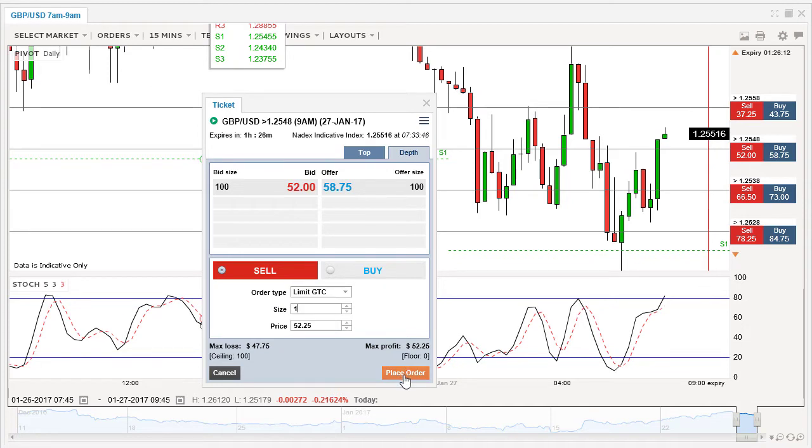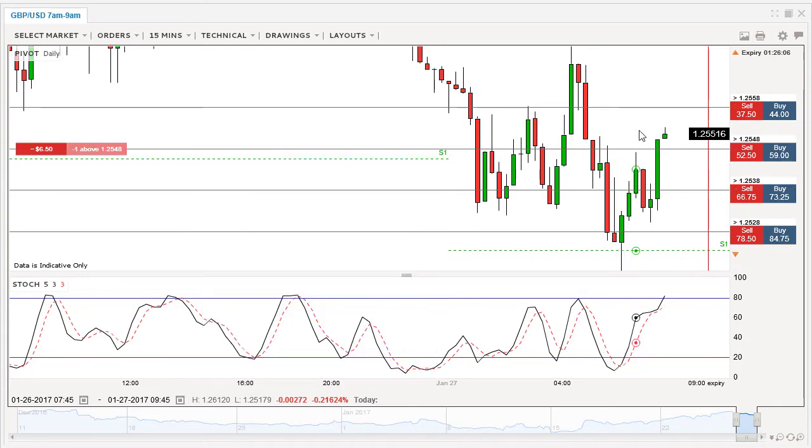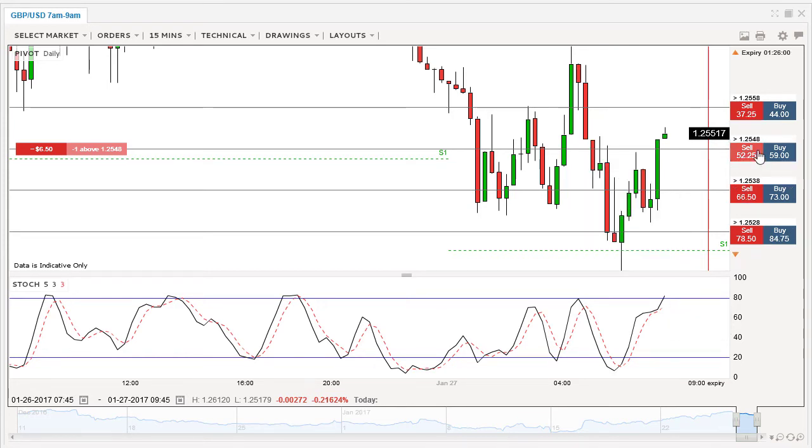I'm going to just trade one contract and place the order. Now in this case, I'm not going to wait for the price bar to come down below this strike. In other words, I'm going to enter a little bit earlier and decrease my risk by, I think it was about $10, okay? So let's see what happens here.